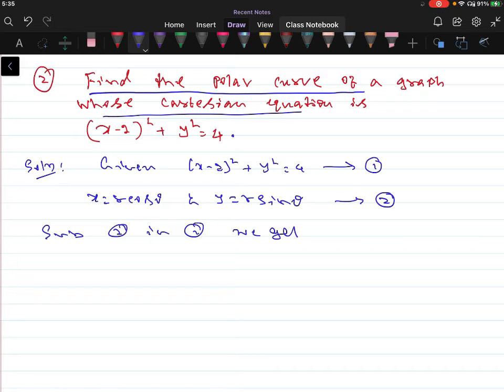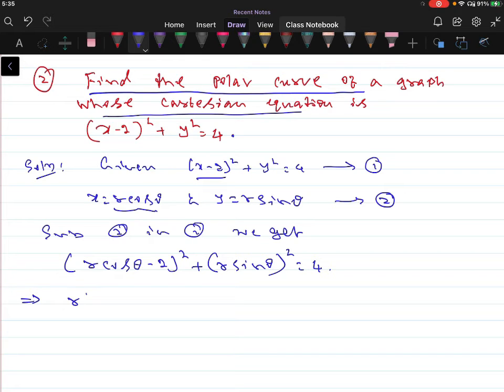We obtain, where x = r cos θ in equation 1, (r cos θ − 2)² + (r sin θ)² = 4. This implies r² cos² θ − 4r cos θ + 4 + r² sin² θ = 4.